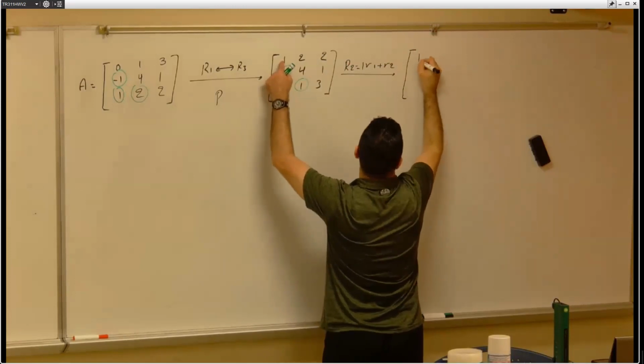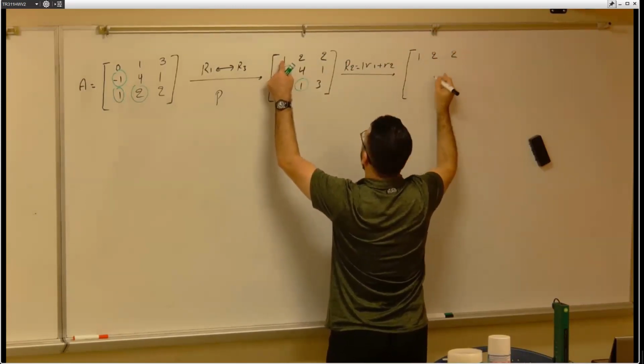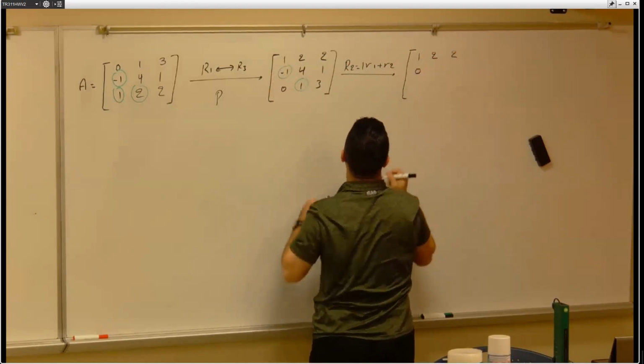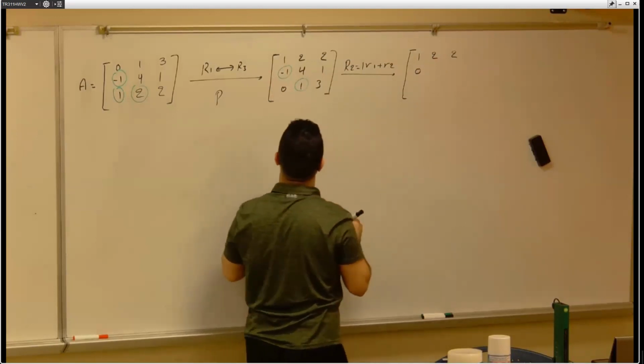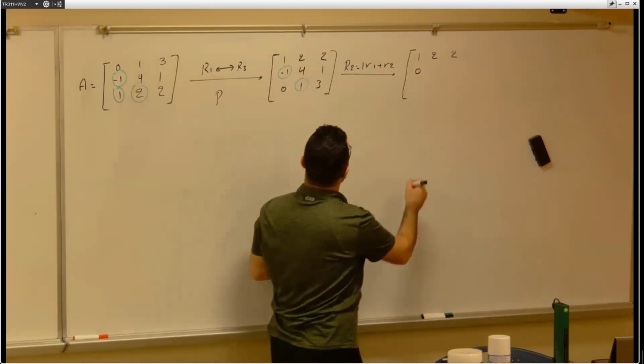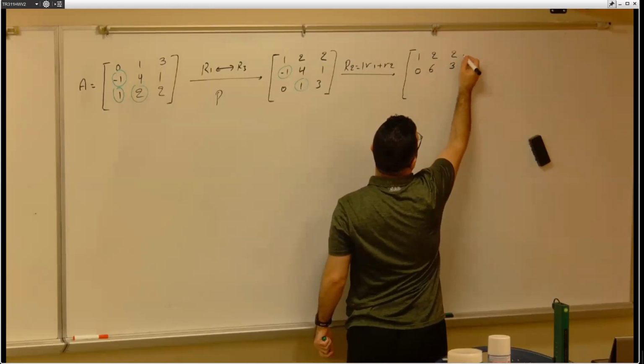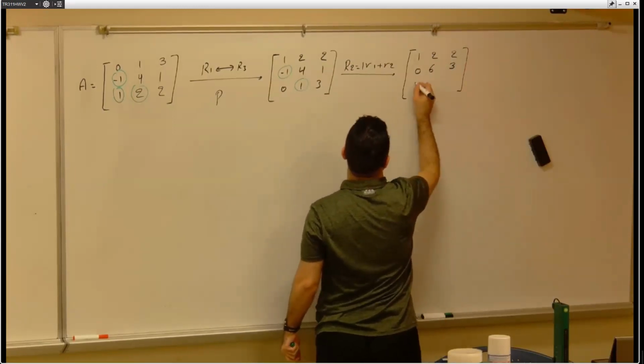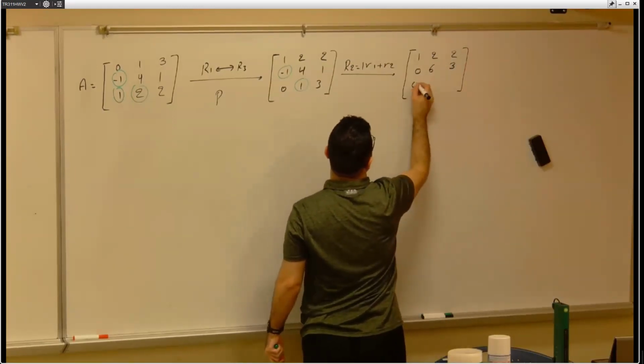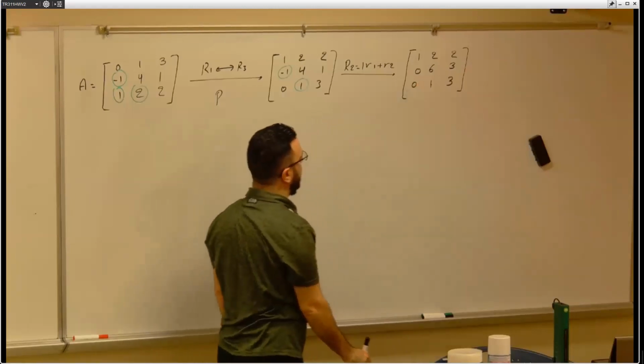This case is going to be 1, 2, 2. This one is going to be 0. 1 times 2 plus 4 is going to be 6. 1 times here is going to be 3. And this one is also 0, 1. We got it from this one.